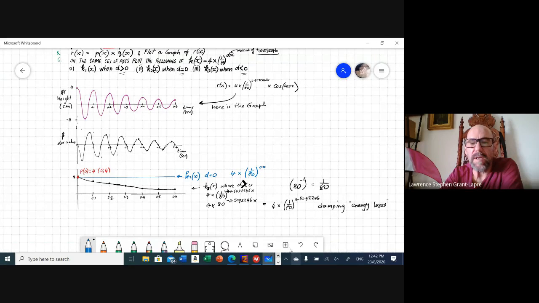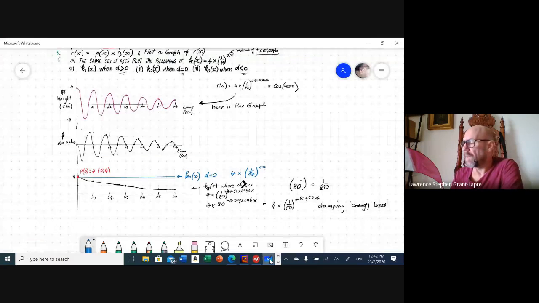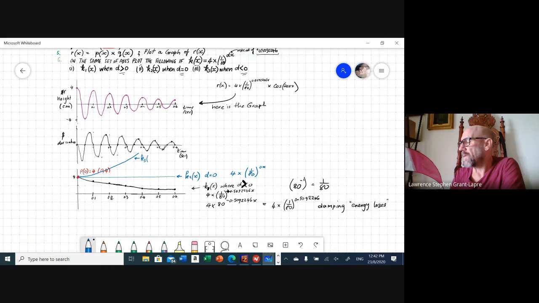What was it looking like? All right, so this is k3 of x when d was a negative.